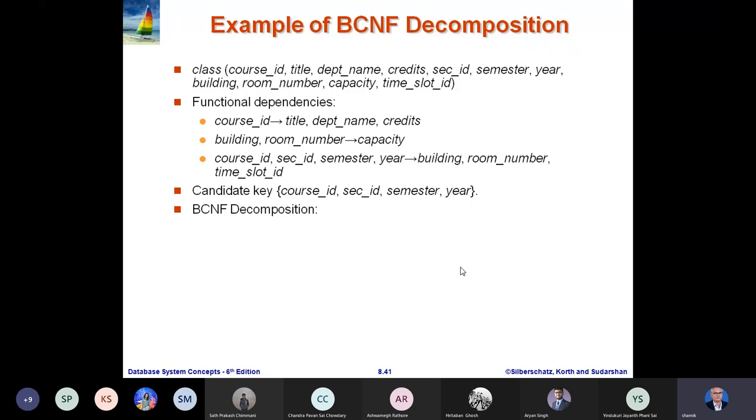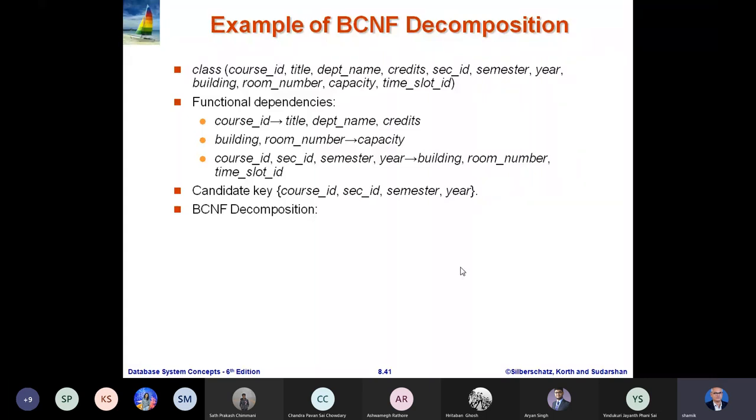From course ID I get title, department, credits, and from course ID, section ID, semester, year I get the rest of the columns. So course ID, section ID, semester, year is a candidate key of the schema class. Of course there are many FDs like this, such as course ID to title, department name, credits.